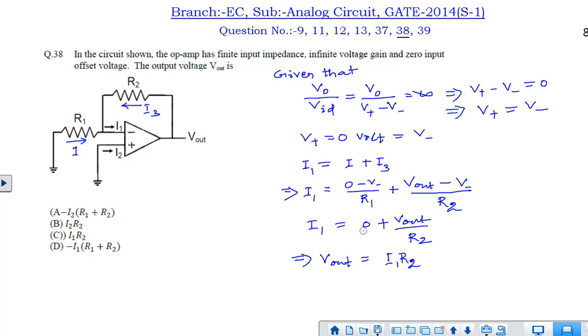So we can represent directly I1 equal to 0 plus this I3 current, which is equal to (V output minus 0) divided by R2, that is V output by R2. So we can easily get the expression for the output voltage. V output is equal to I1 into R2. Hence among the options, if we see option C, that is I1 R2, is the correct answer.